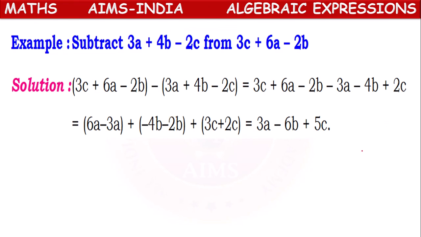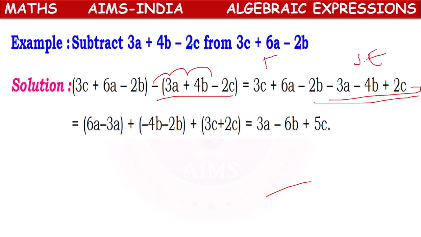So if we change the sign of all the terms, then we will get the additive inverse of the second expression. The additive inverse of the second expression is to be added to the first expression, then we will get the result.